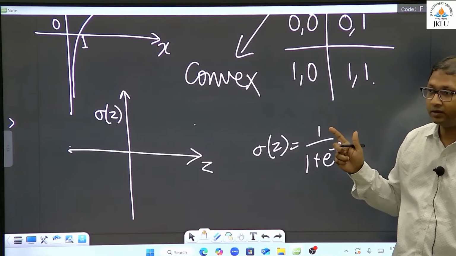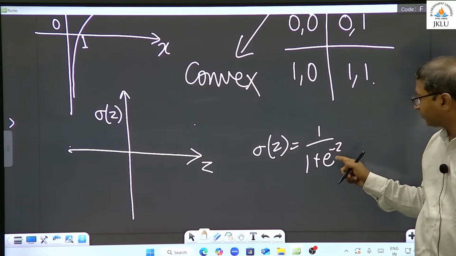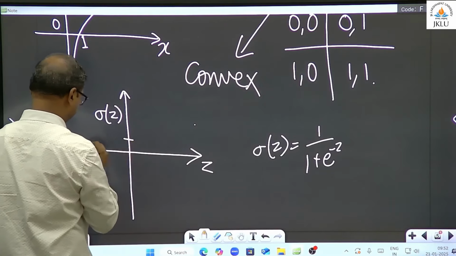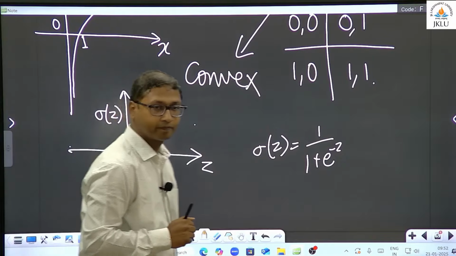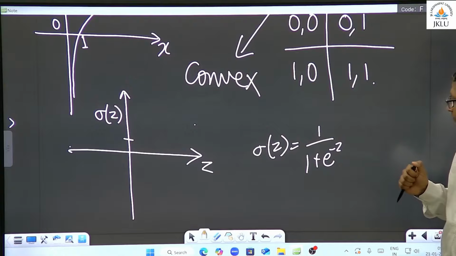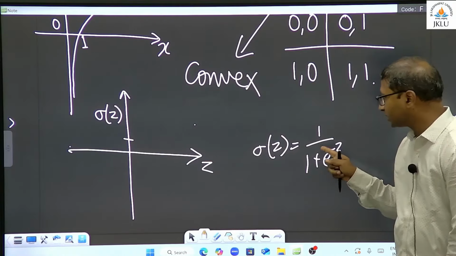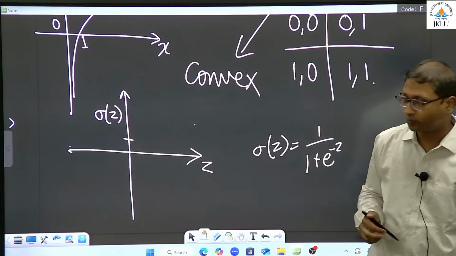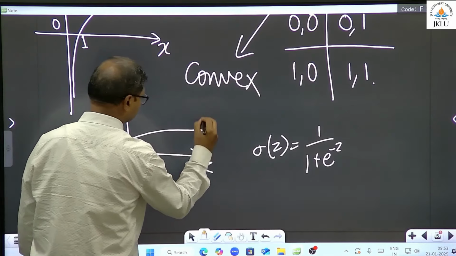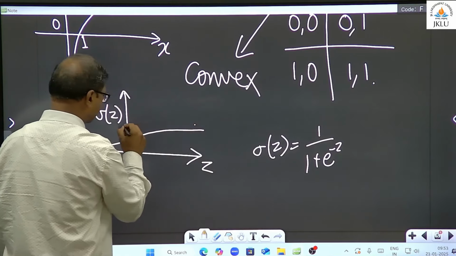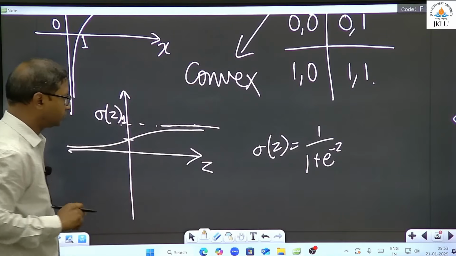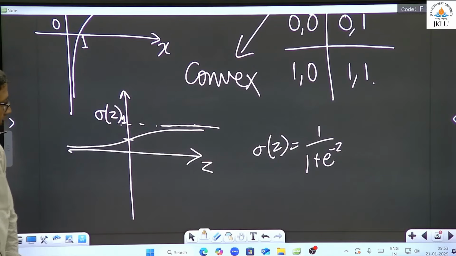If z is 0, then e to the power 0 is 1, so I have 1 by 2 here, right? And I want you to argue that this won't go beyond these 2 points. So what you have here is something like this. This goes towards 1, but will never touch 1. So this is what it is.